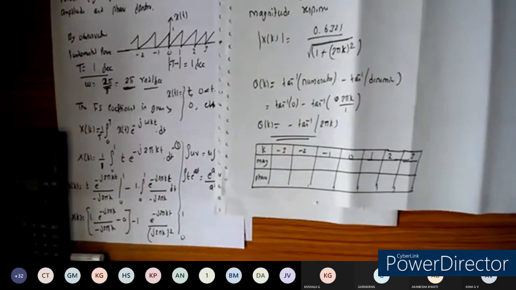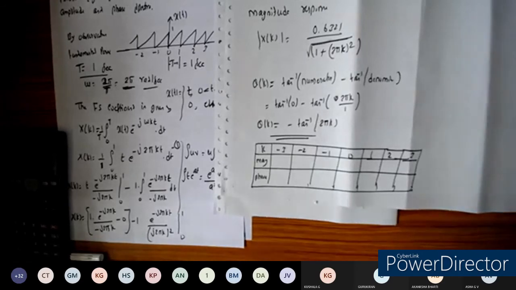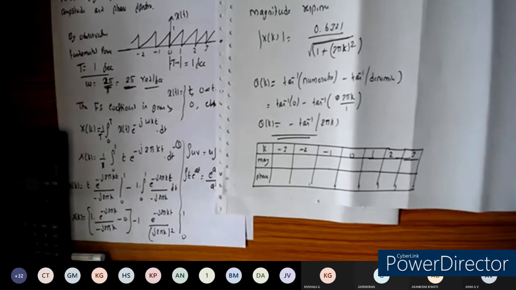Can I get the answer? Can I get the answer for k is equal to -3? Can I get the answer? Any response? Calculating? Are you calculating? Yes, sir. Yeah. So please tell me the value for -3.